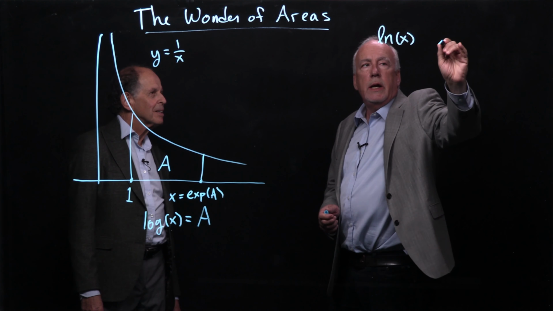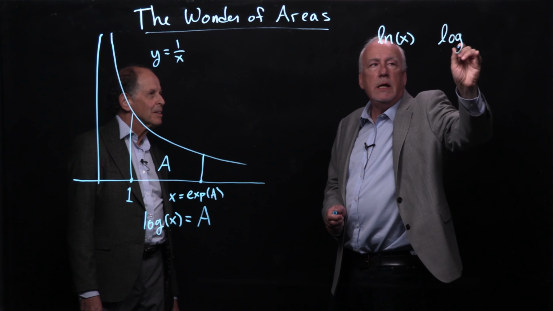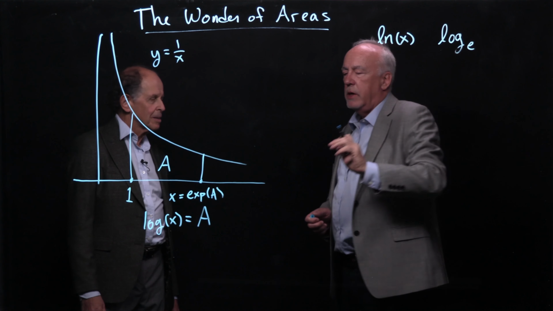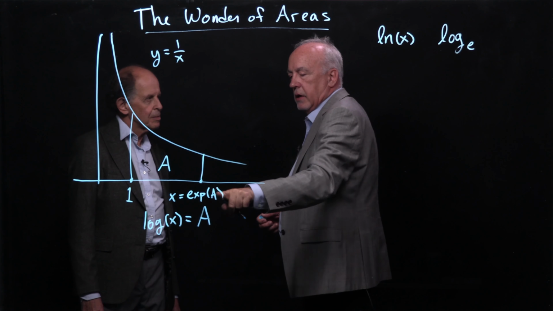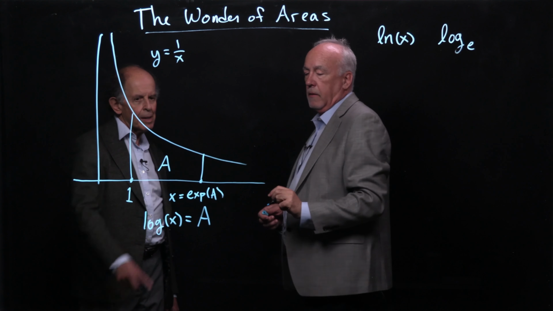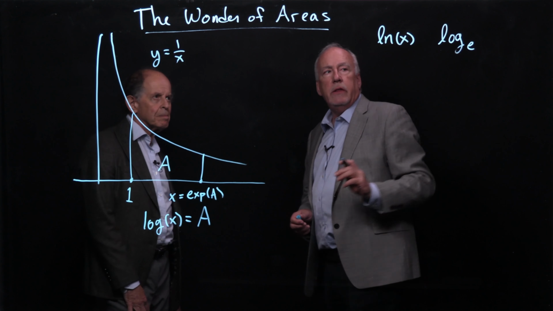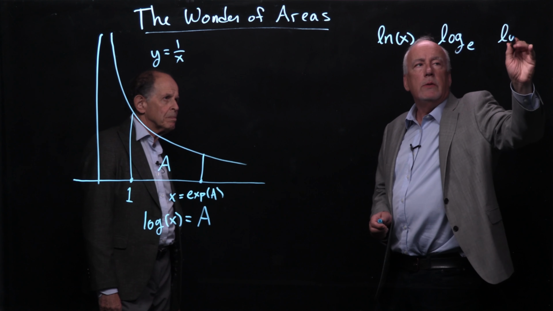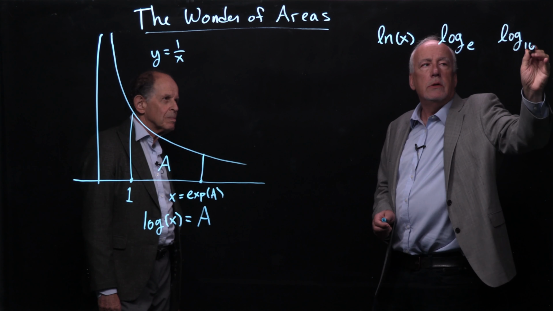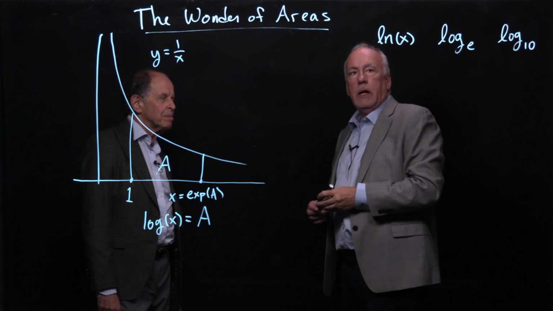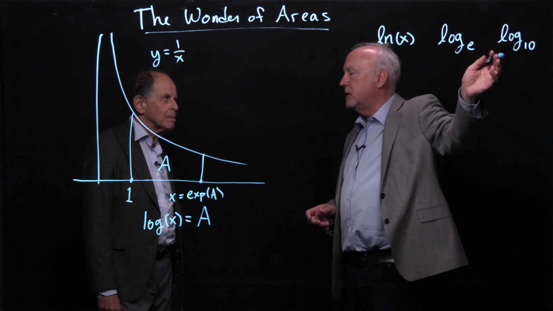Other people will write it as logarithm to the base e, where e was that special number where the area you get is exactly 1. That's how you define those points. And you're right, there are other types of logarithms. For instance, engineers like to use log base 10. They're all very closely related.